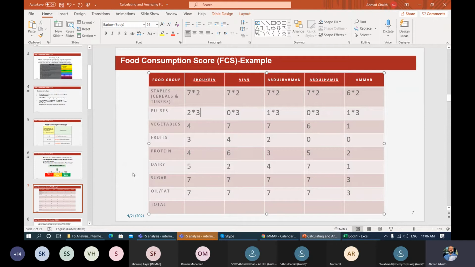More than one. If you had 7 days of staple consumption, you'd have 14, and 1 times 3, you'd be at 17. Oh yeah, go for it.